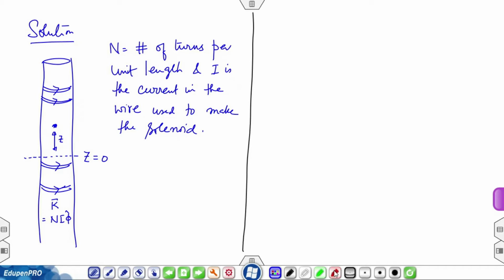I want to use the formula B equals mu naught I over 4 pi grad of omega.